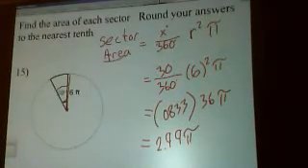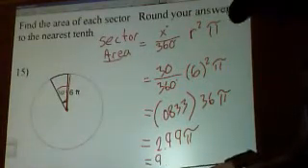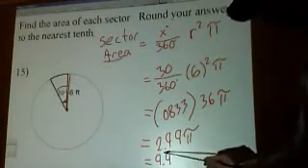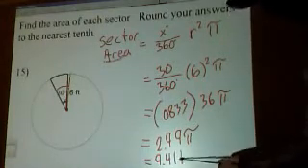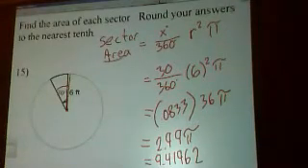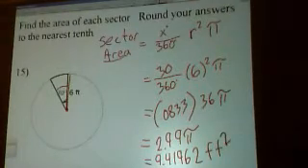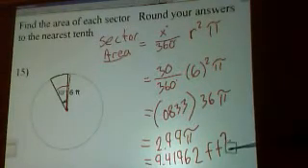And if I multiply that times 3.14, I get 9.41962. Okay? Feet squared.